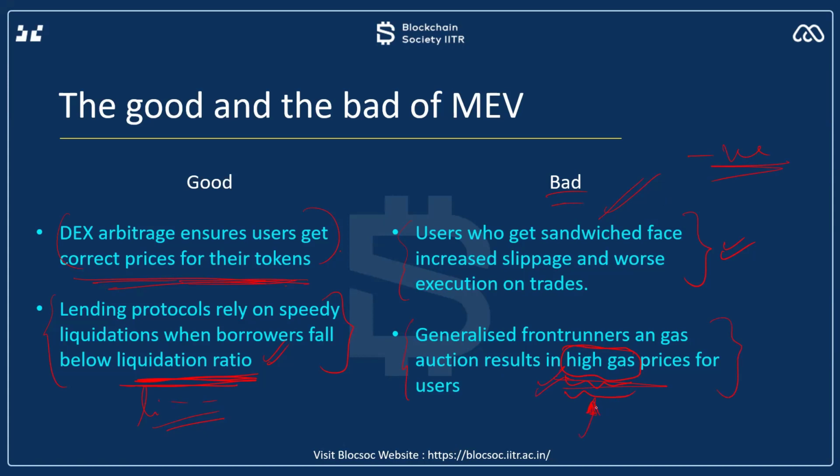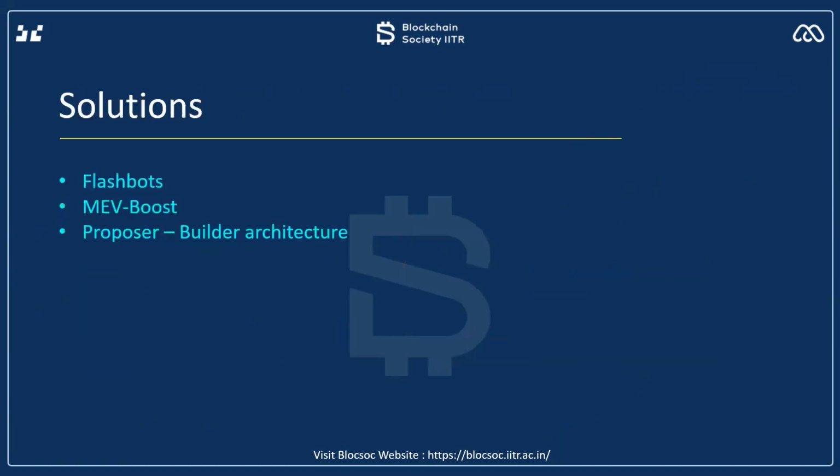So this is a net negative for the Ethereum ecosystem, and because of MEV bots, users will always have to pay higher gas prices. One instance of this is that when MEV boost and MEV auctions were introduced, there was a 50% reduction in gas prices.